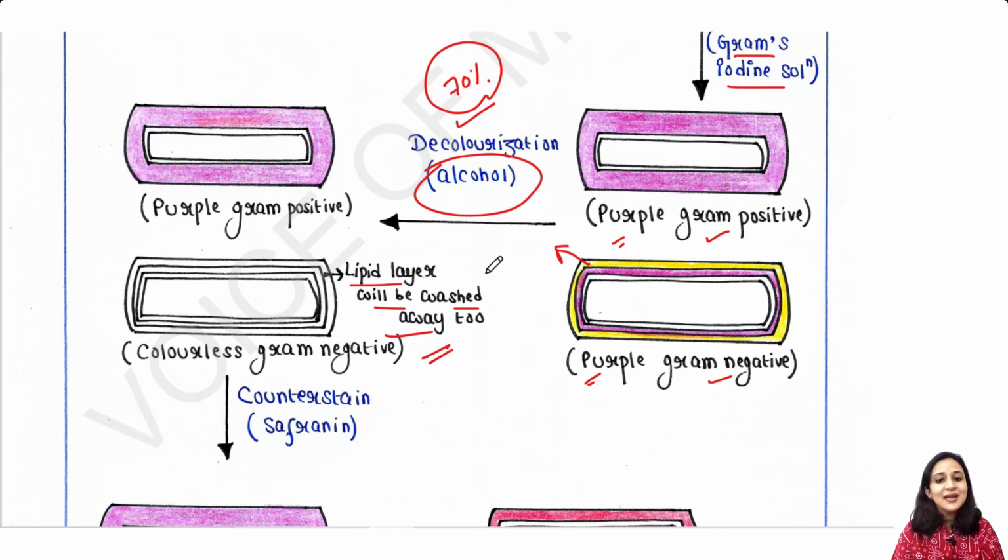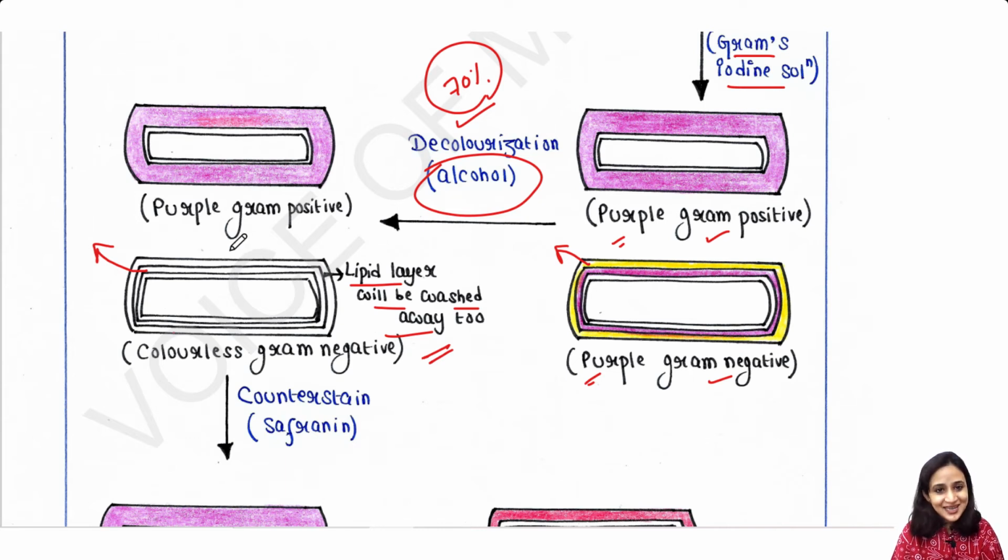And when the lipid layer is washed away, the next layer, that is the peptidoglycan layer present here, is exposed. This peptidoglycan layer is very thin, and in this layer the stain was fixed.